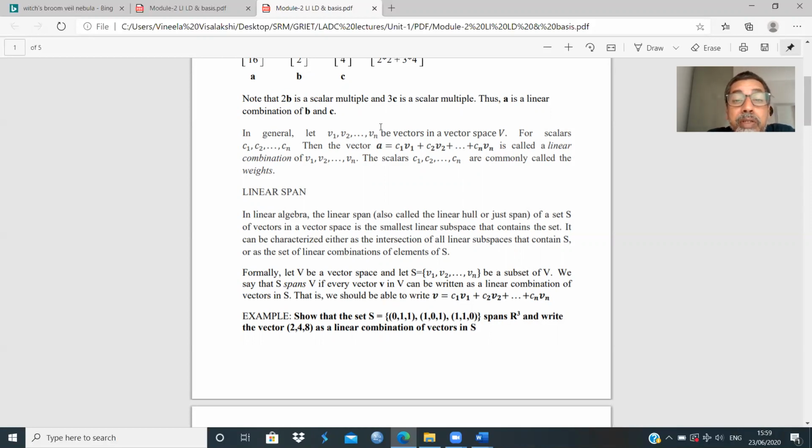Now, after the definition of linear combination, let us get into a very crucial concept of linear span.